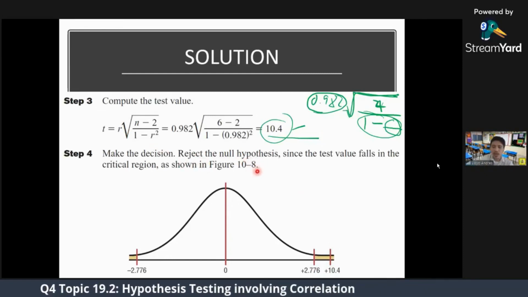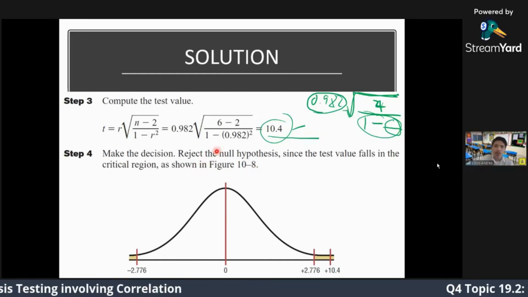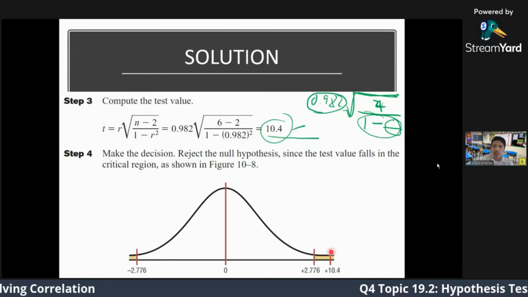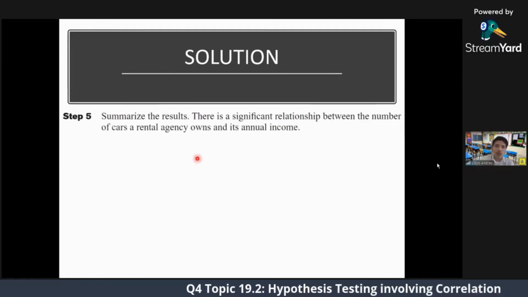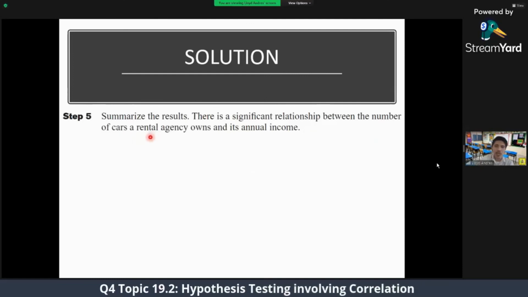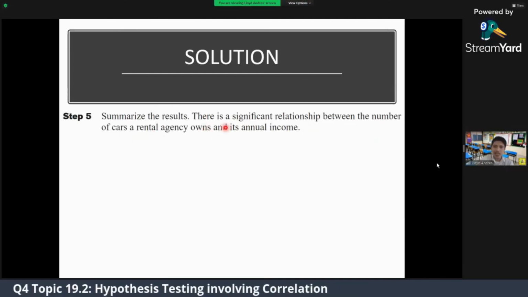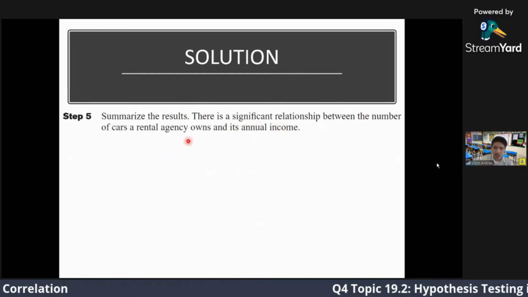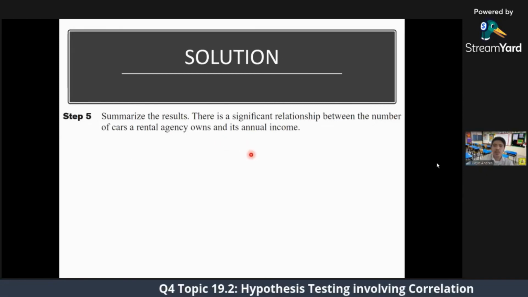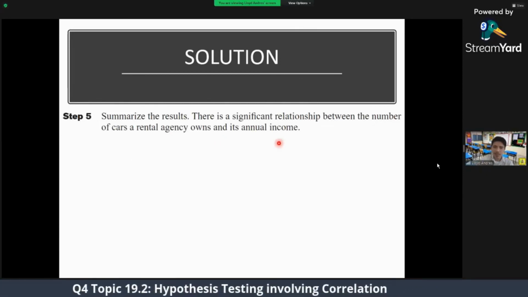So, that will be our decision, reject the null hypothesis. And finally, we summarize the result and conclude that there is a significant relationship between the number of cars a rental agency owns and its annual income.